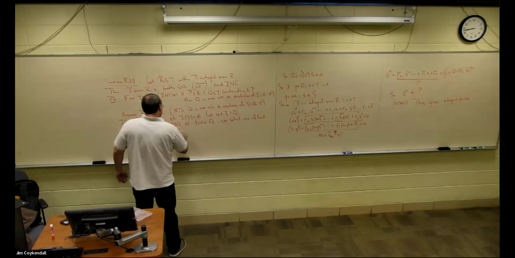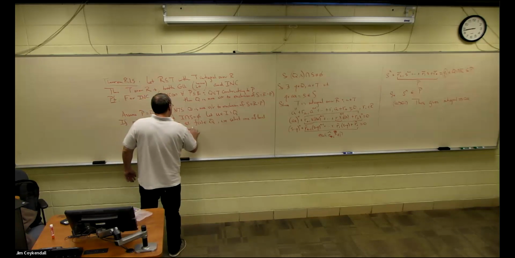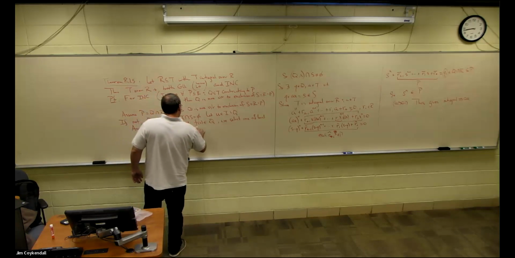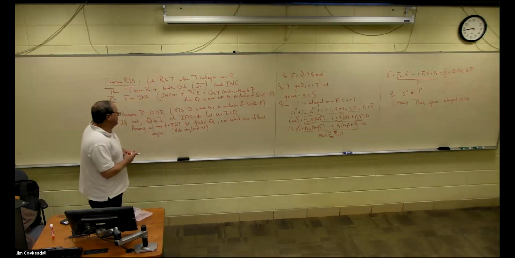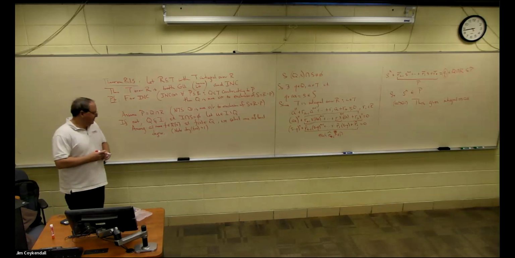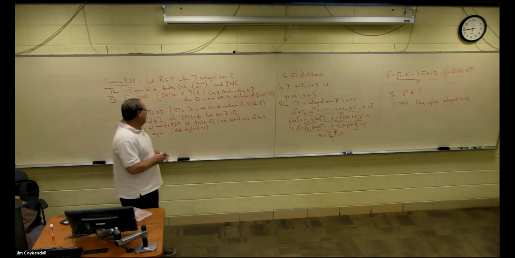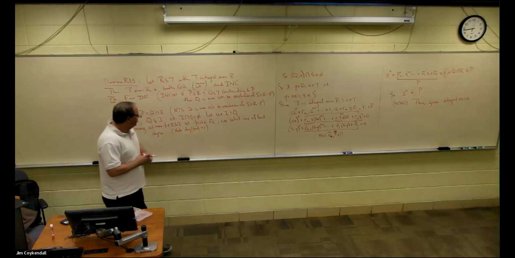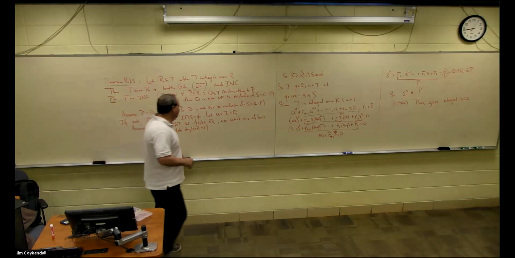Note the degree of F of X is bigger than 1. Why? Because if it were monic of degree 1, U would be in Q. Yeah, you'd be in trouble there.